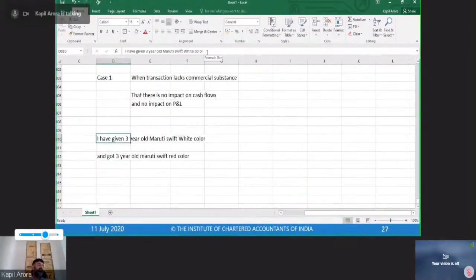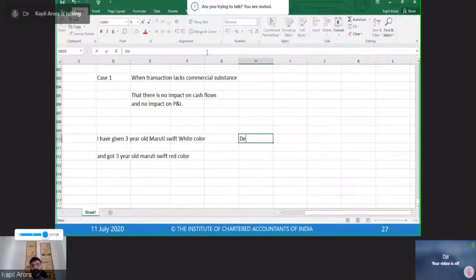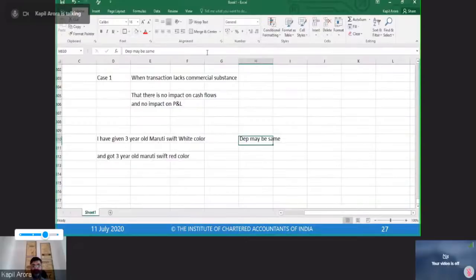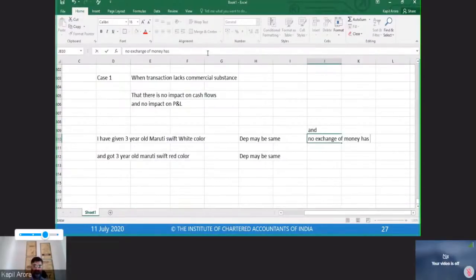Now, when both of these are 3-year-old, depreciation may be the same for both, right? And no exchange of money has happened. Right? No exchange of money has happened.